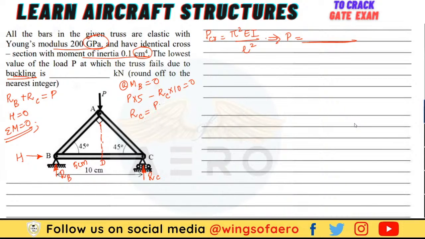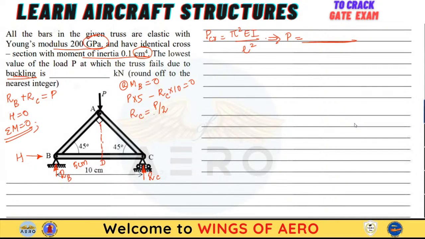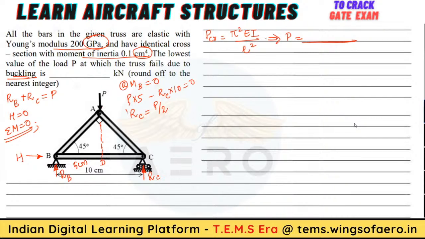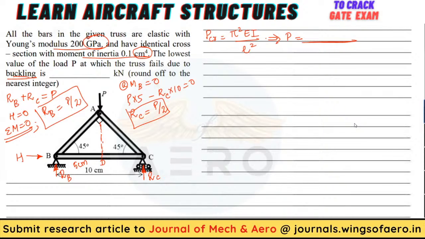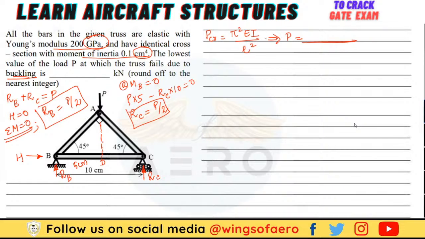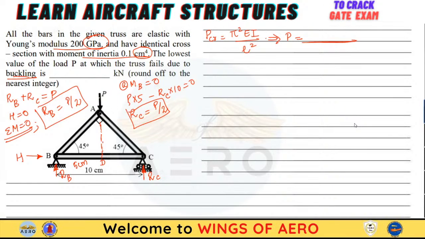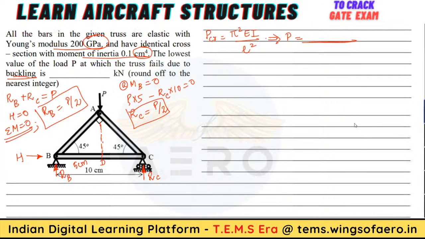P by 2. Yes, ma'am, you'll be getting P by 2. If the RC value is P by 2, then the RB value is also P by 2. Now everything is in terms of P by 2. Your main aim is to find out this P value. Now find out the P value and tell me.